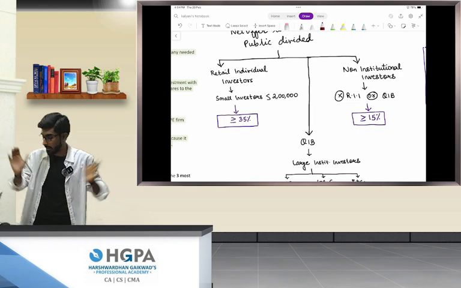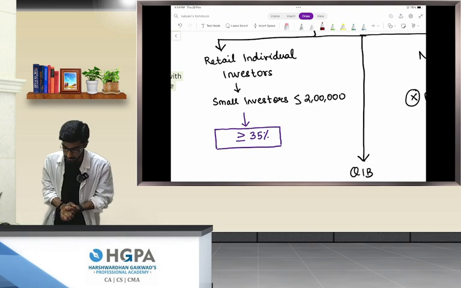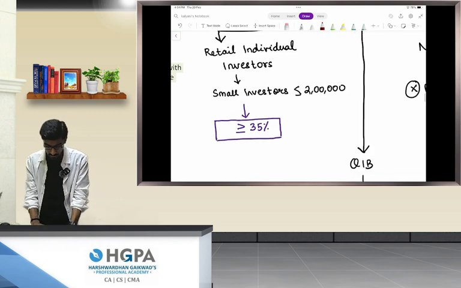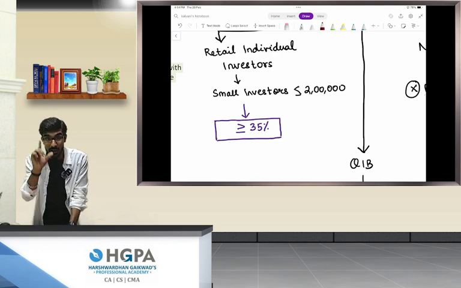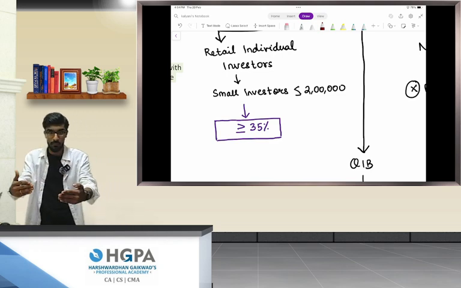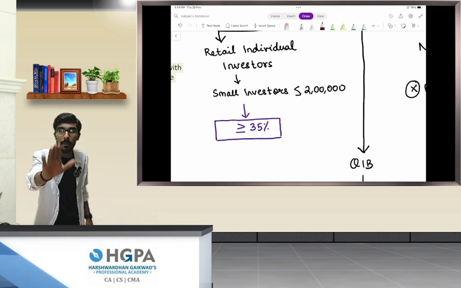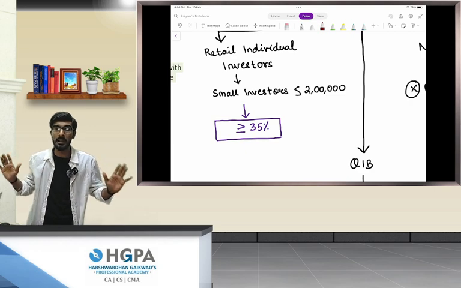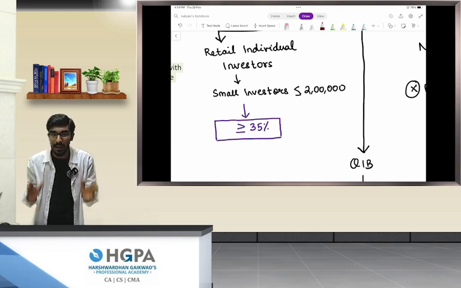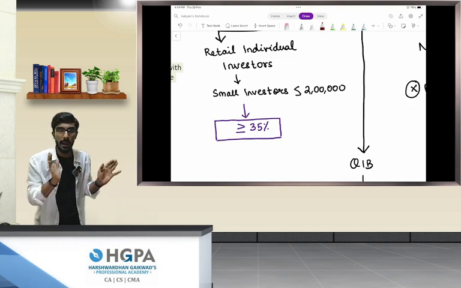Let's understand that. This is the last concept. Quickly, retail individual investors should be allocated at least 35% of the issue. For example, if 100 shares are issued, at least 35 shares should be given to the public like you and me.